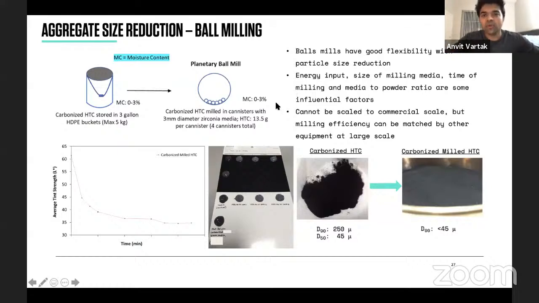So now we are at a size where we cannot physically use the sieves that I was talking about, to know how much particle size breakdown has happened. So there's another technique called tint strength, wherein you add your material to a mixture of oil and make a paste out of it. And depending on how dark the paste is, you know how fine your particles are and how they are going to distribute in the natural rubber.